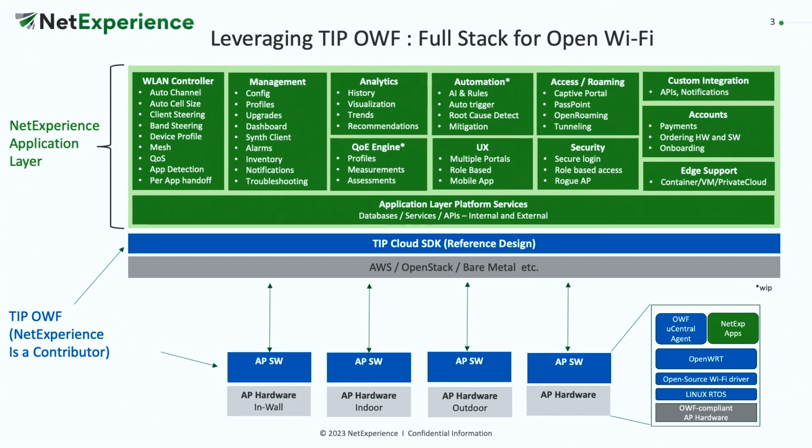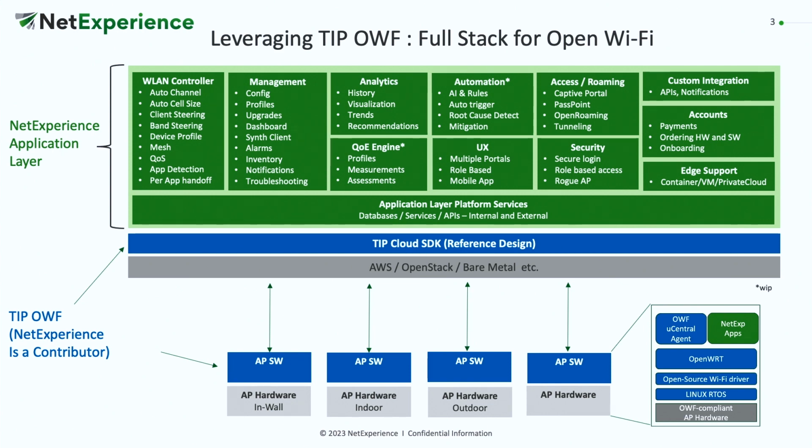A bit more detail about the software we wrote at NetExperience. Again, the blue part on this chart represents all the open source that the TIP Open Wi-Fi project provides, in the access point and in the gateway function of the cloud.